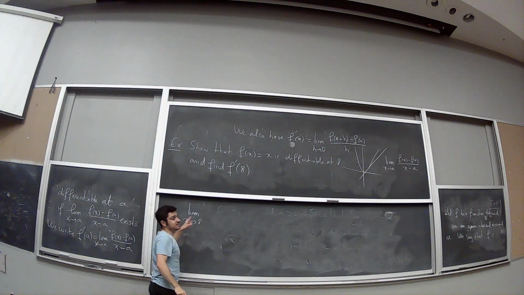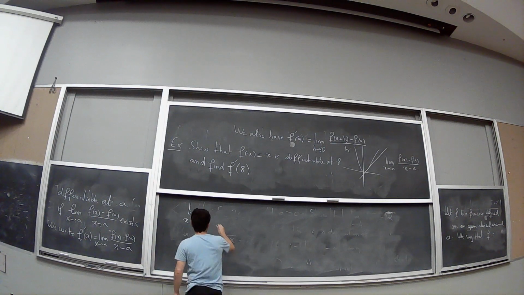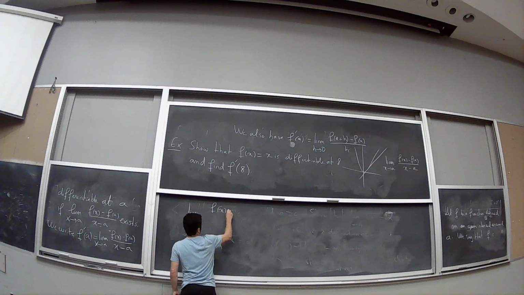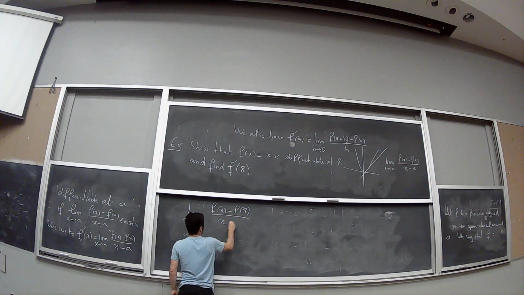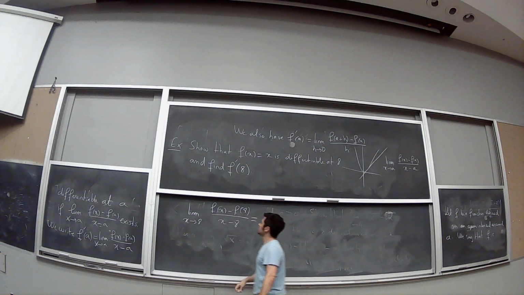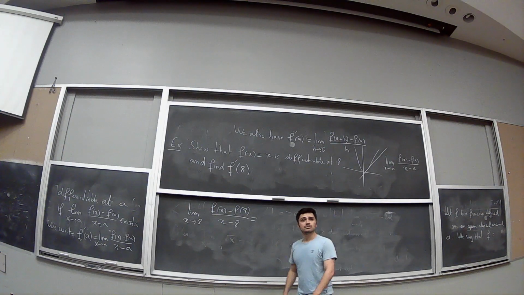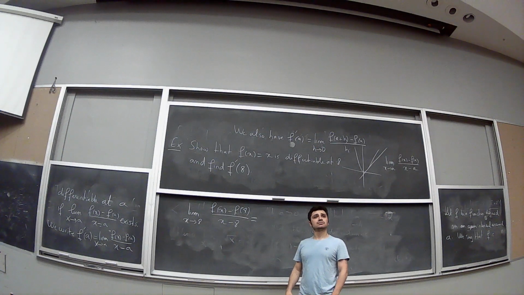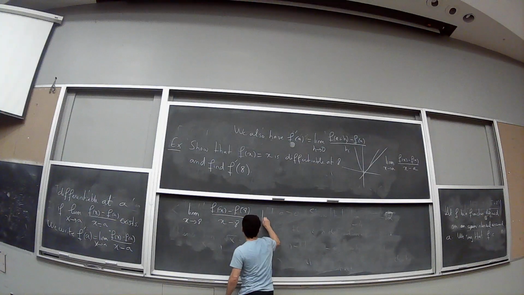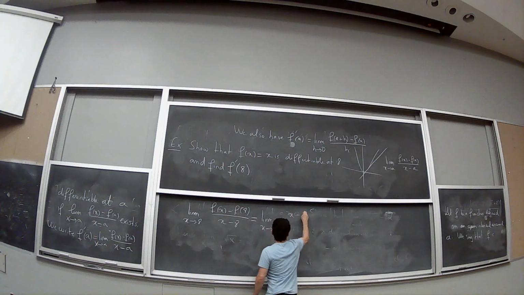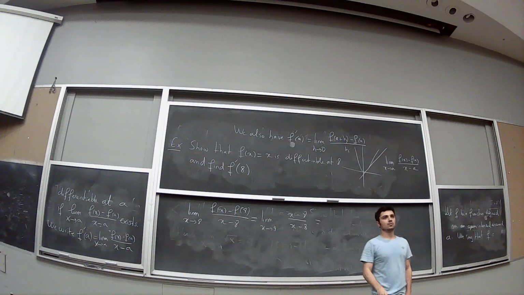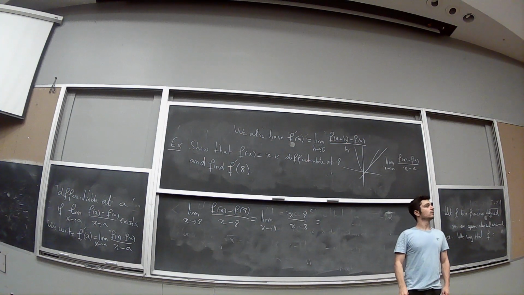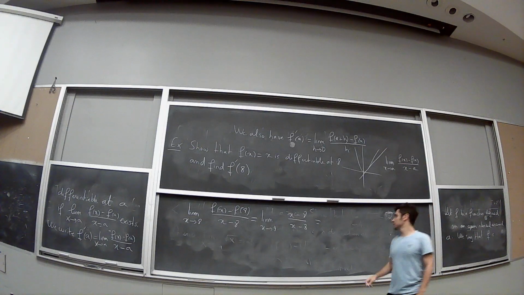So I have to take the limit as x approaches 8 of f of x minus f of 8 over x minus 8. What is f of x here? Everybody, what is f of x? x. So it's the limit as x approaches 8 of x minus 8 over x minus 8. What is that limit? 1.